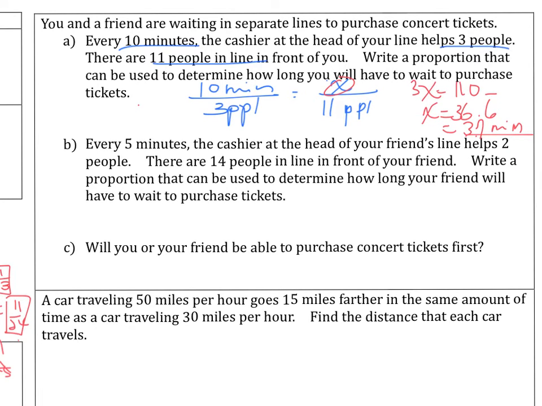Part B. Every 5 minutes, the cashier at the head of your friend's line helps 2 people. There are 14 people in line in front of your friend. Write a proportion that can be used to determine how long your friend will have to wait to purchase tickets.